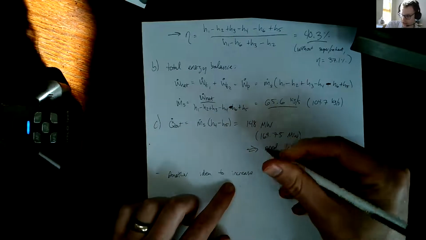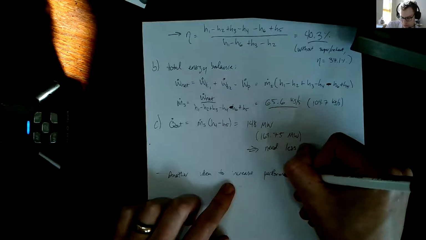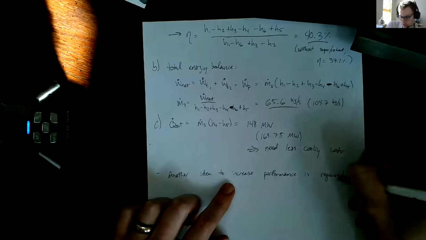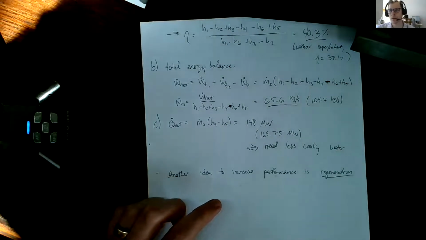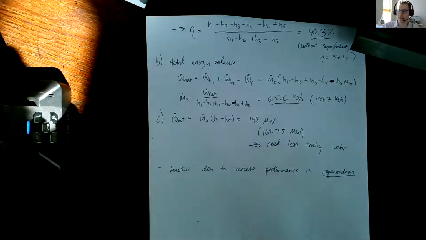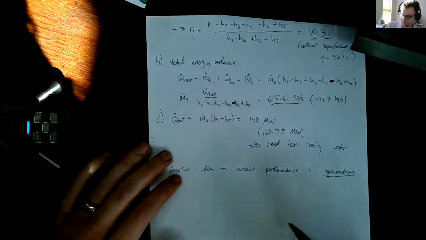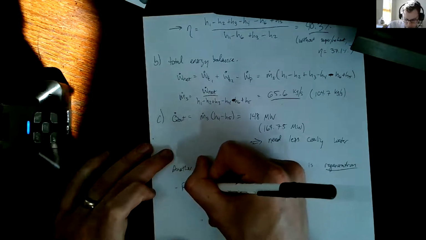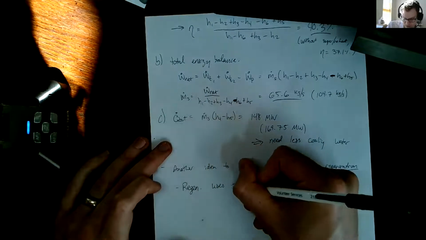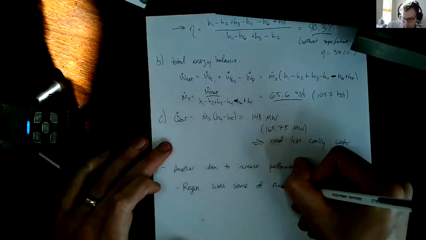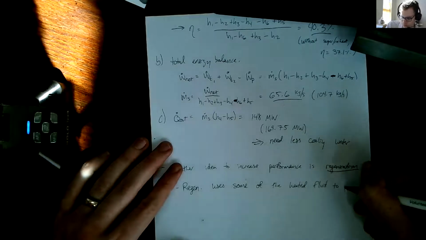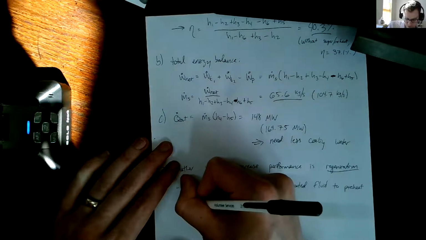So another idea to increase performance is regeneration. And this is going to get back to Sam's question about why we are wasting so much heat when we have to put heat input. Regeneration, which I'll abbreviate regen, uses some of the heated fluid to preheat the feed water.